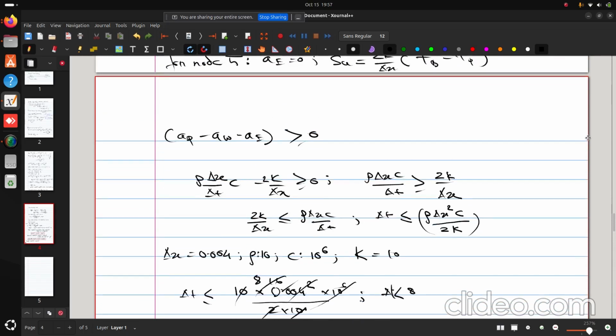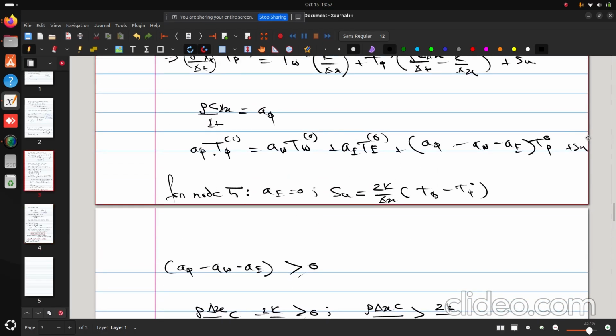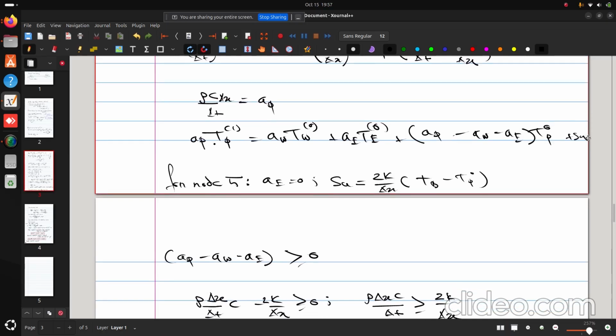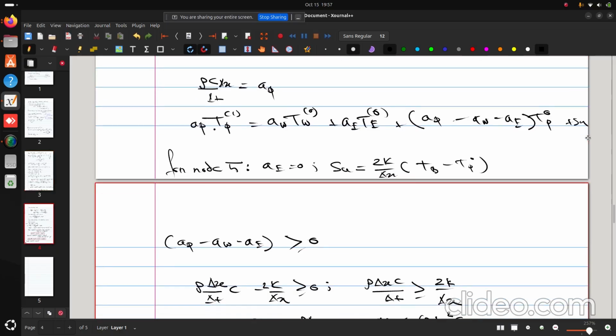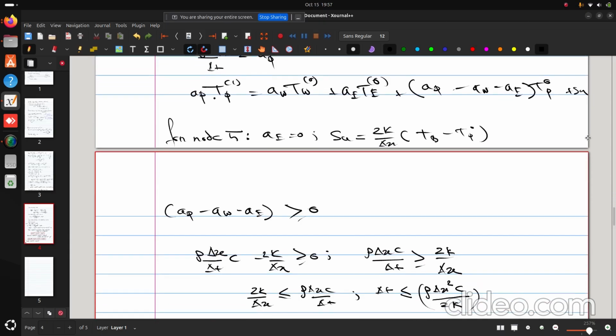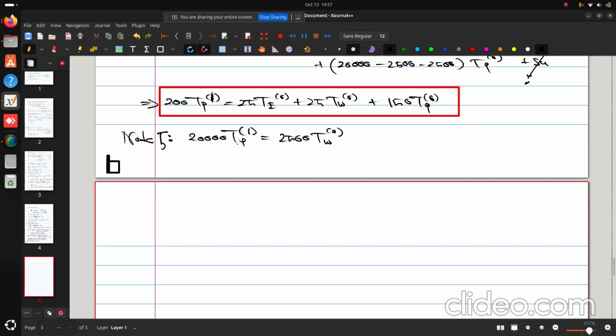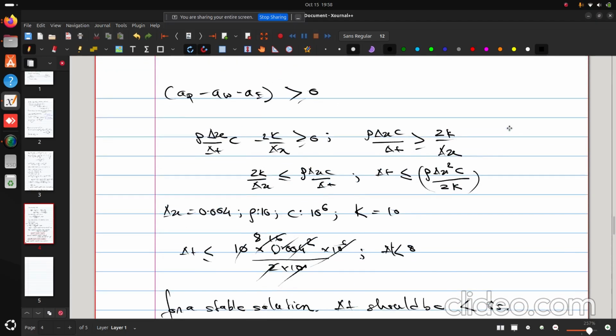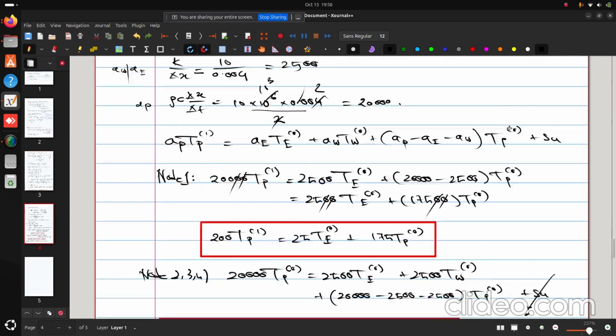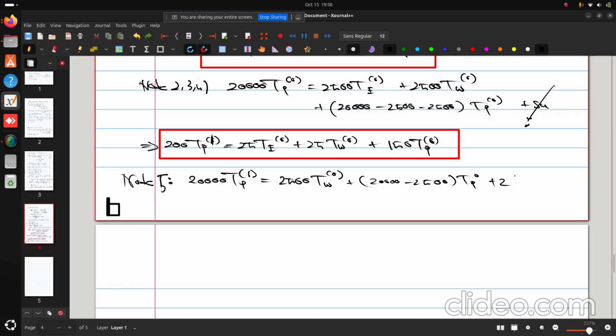And there was a source term, that is 2k by delta x times tb minus tp naught. K by delta x is 2500, tb is 0 minus tp.